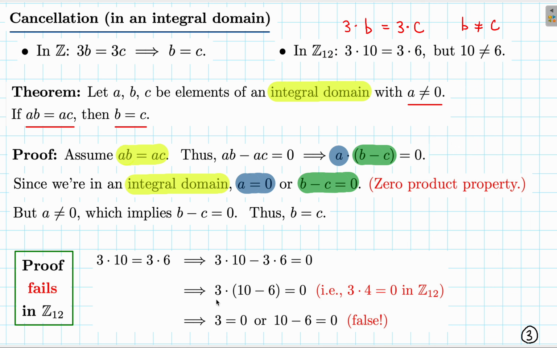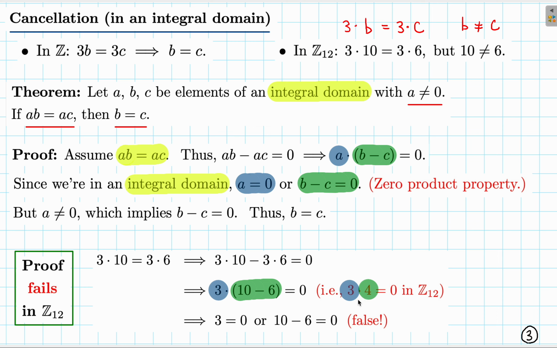Factor out the 3, still a valid step. And then using the same color coding, we have 3 times (10 minus 6) is equal to 0. And that's still true in Z12 because this is 3 times 4 equal to 0. But notice now we have a pair of zero divisors.